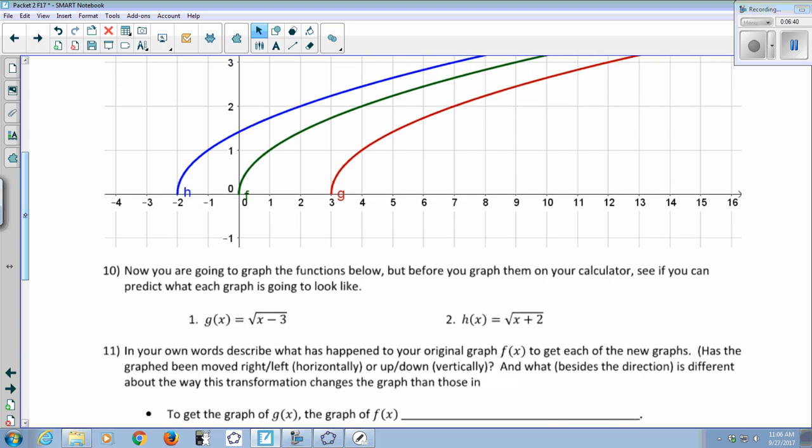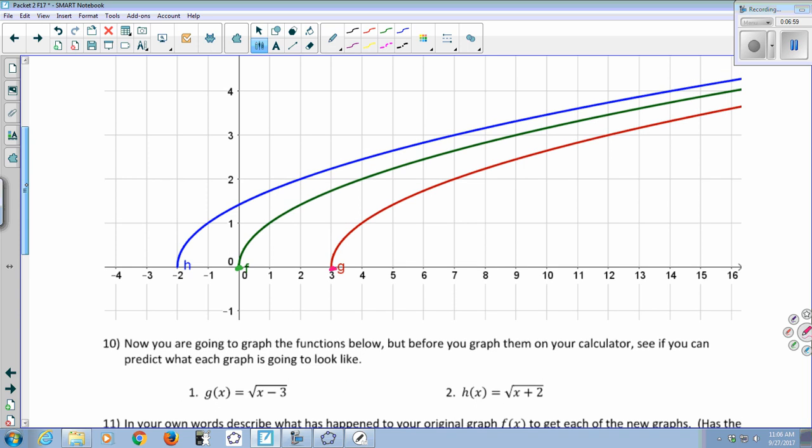All right, so to get from f to g, if I just look at the starting point, f starts here and g starts here. It looks like what happened is the graph shifted to the right 3. And is that actually what happened? Let's check a few more points. So let's look at another point on f, this (1, 1). The next nice integer point on g is at (4, 1).